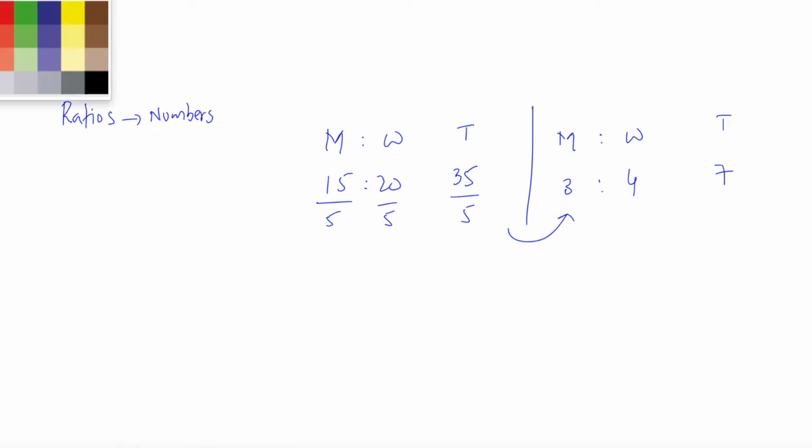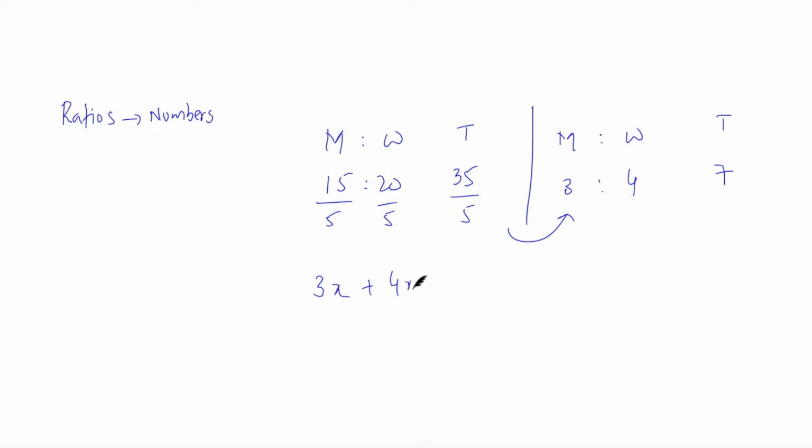Now let's have a look at this equation. So if I say 3x plus 4x equals 35, is this equation correct? 3 comes from here, 4 comes from here, and 35 is this. Yes, this is completely fine. Now, this is the point that you need to remember. I use this strategy a lot.